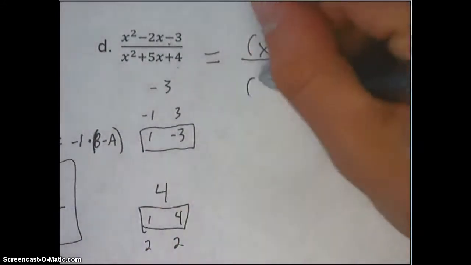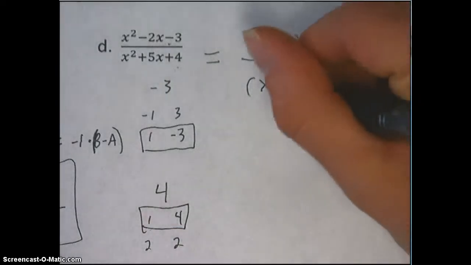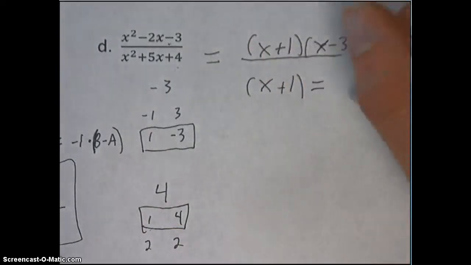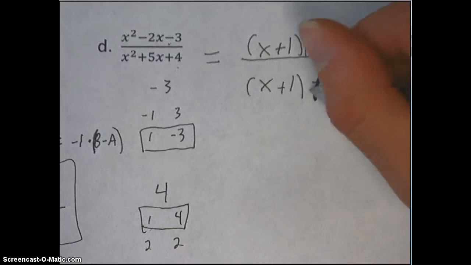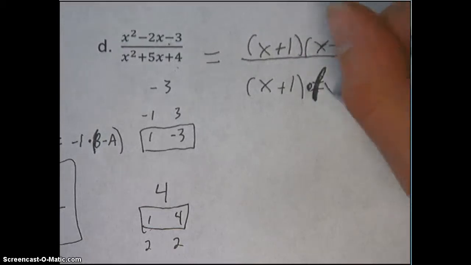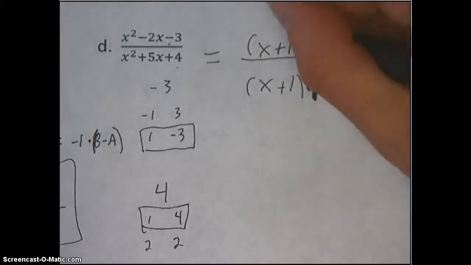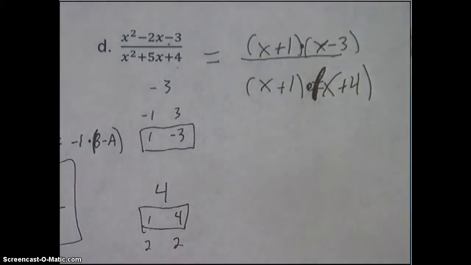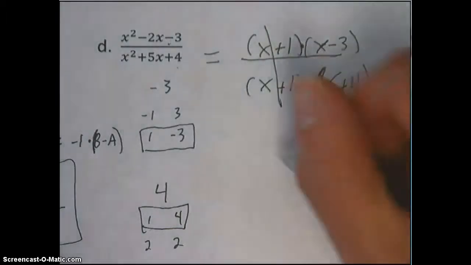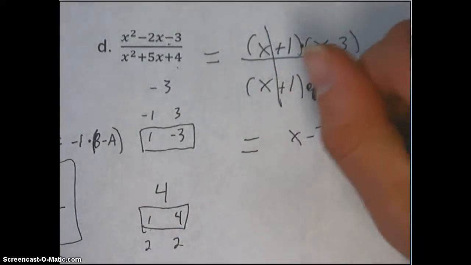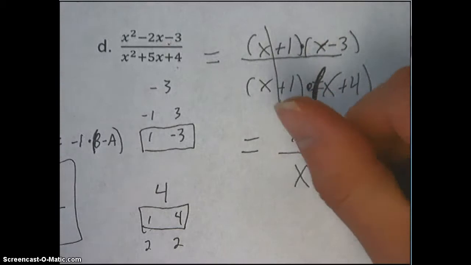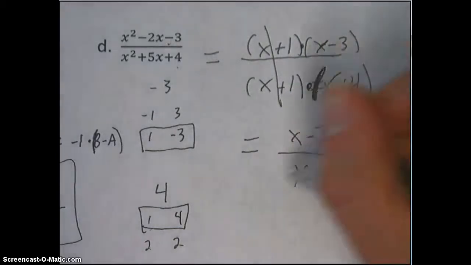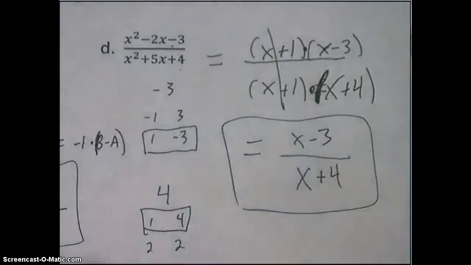So on the bottom here, I'm going to factor this as x plus 1 times x plus 4. And so hopefully you see that on the top and the bottom there's an x plus 1 that cancels out. And that leaves us with x minus 3 divided by x plus 4. And that's the simplified expression there.